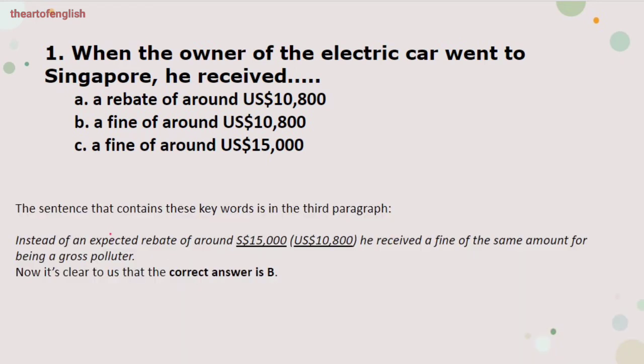The sentence that contains this keyword is in the third paragraph. Instead of an expected rebate of around $15,000 Singapore, he received a fine of the same amount for being a gross polluter.